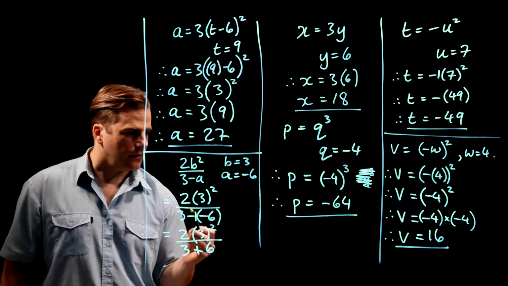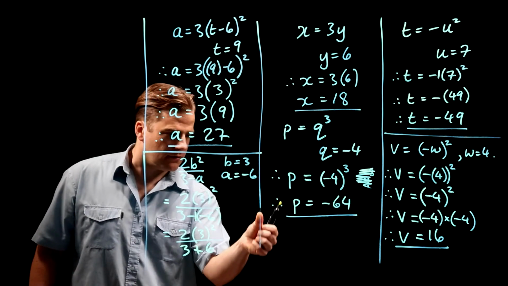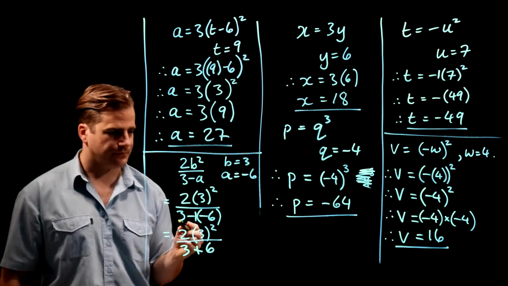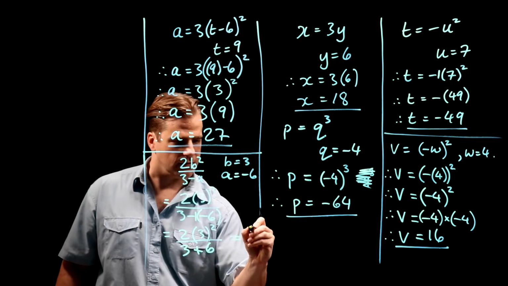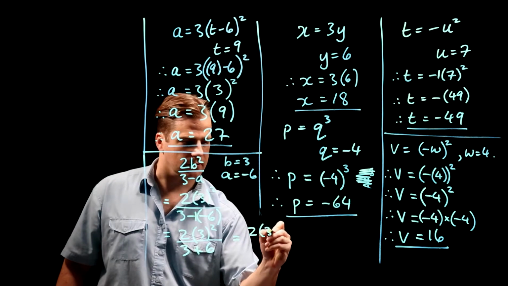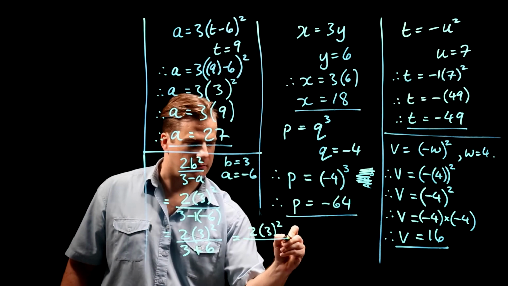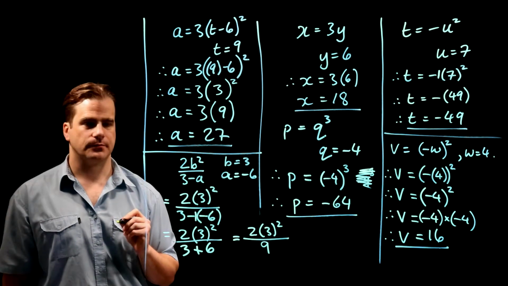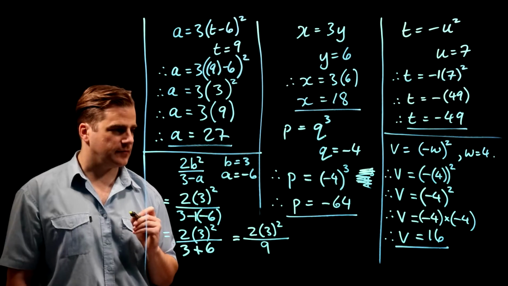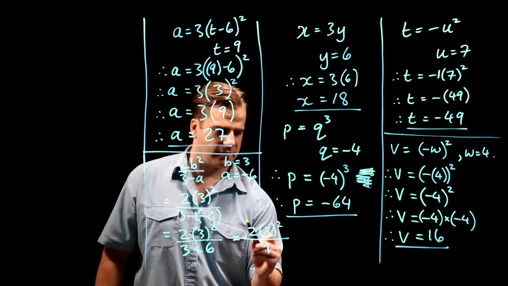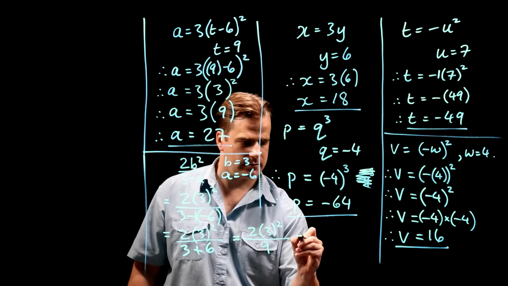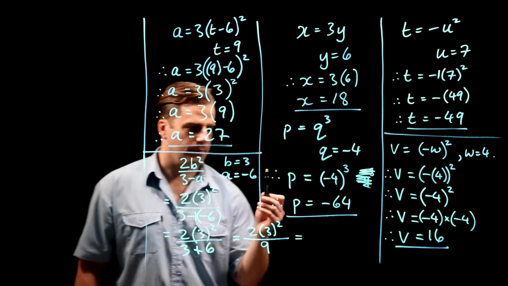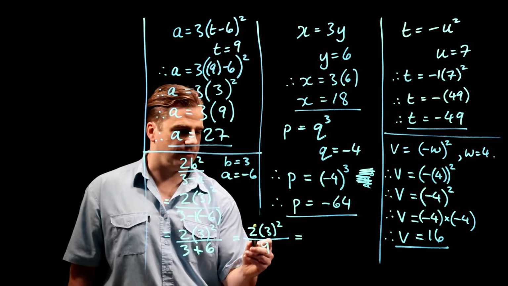Right? So that equals, let's get rid of that, 2. I'm not doing anything at the top yet, just worry about the bottom. 3 plus 6 is 9. Right. Now we can start worrying about the top. So, BIDMAS, indices beats multiplication.